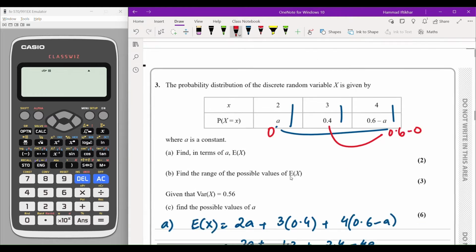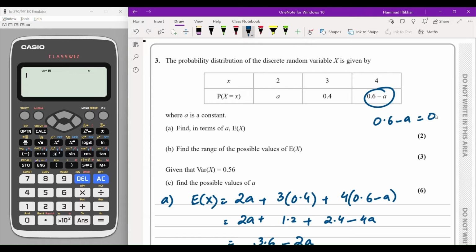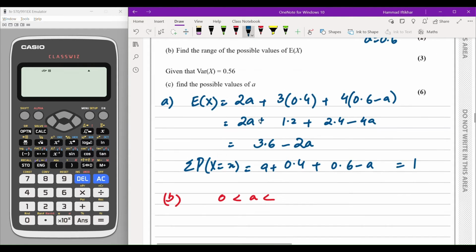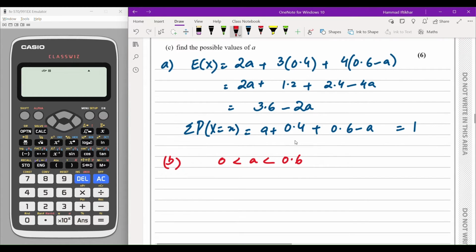Now the maximum value. Maximum value obviously cannot exceed 1, but 0.6 minus 1 cannot be right. Over here, this is also a probability, so the minimum we can get for 0.6 minus a is 0. This would mean that a is 0.6. So yes, that's the maximum value, 0.6. Now, if this is the case, we need the range.